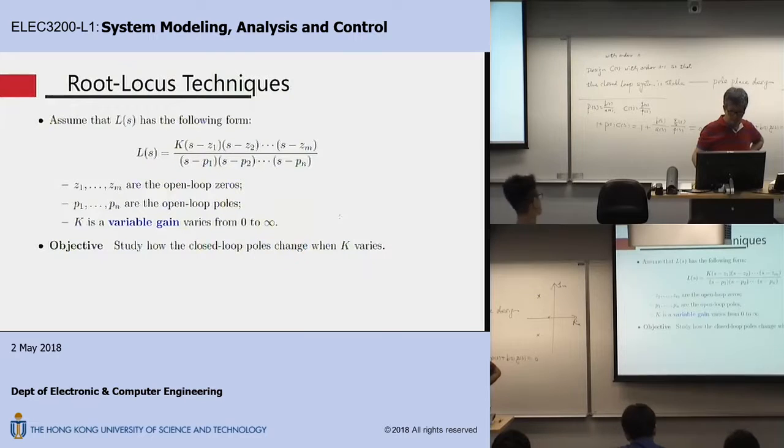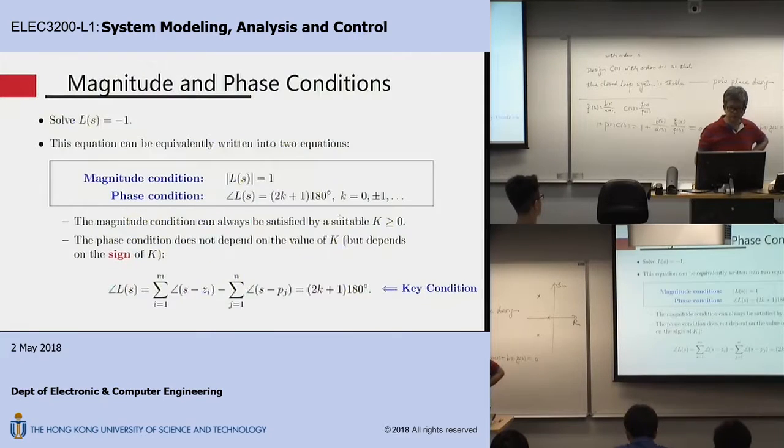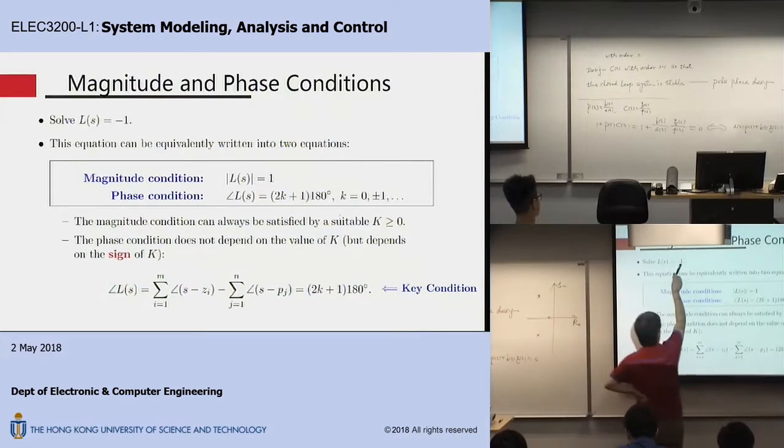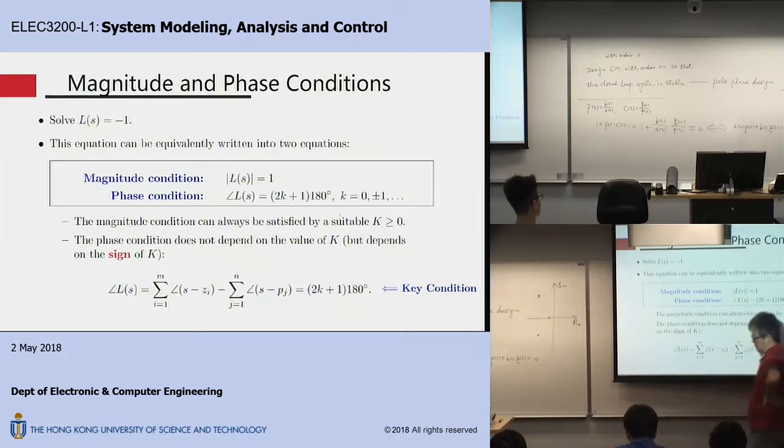We need to study the closed-loop poles when K varies. That's our objective. So the key equation is L = -1. We want to find the S so that this L is equal to -1.